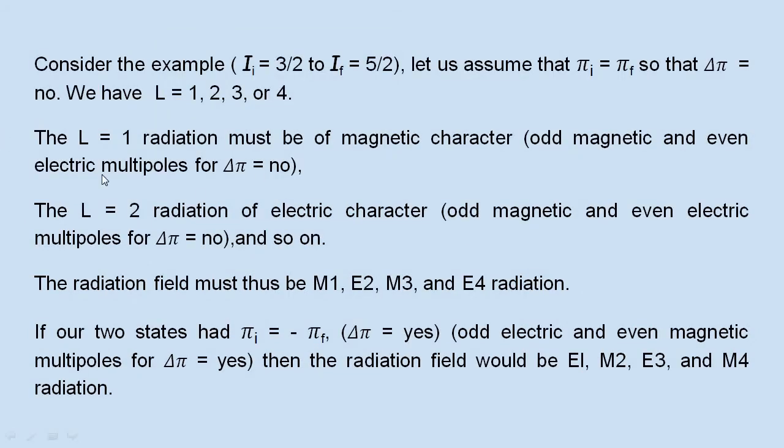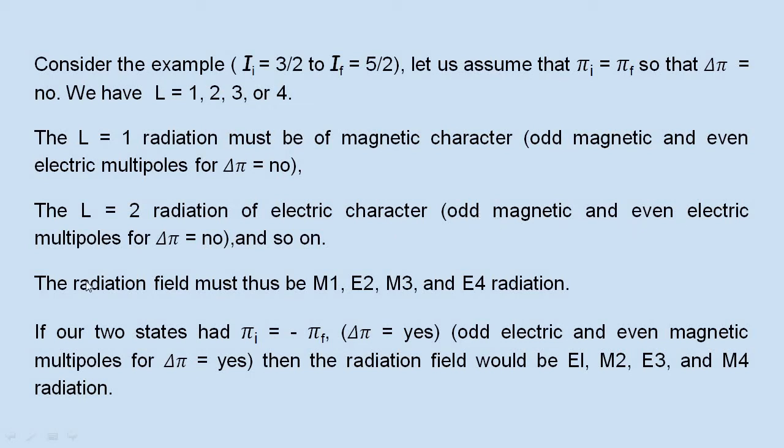That is why for L equal to 1, radiation must be of magnetic character, that means odd magnetic and even electric multipoles for delta pi equal to no. This we have mentioned earlier. For L equal to 2, radiation is of electric character. Why?